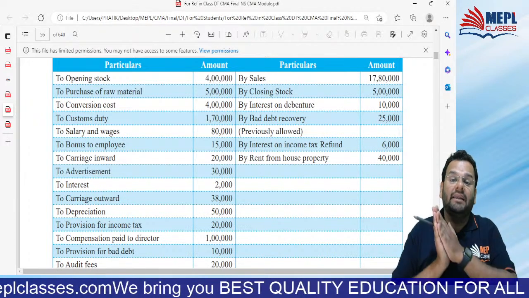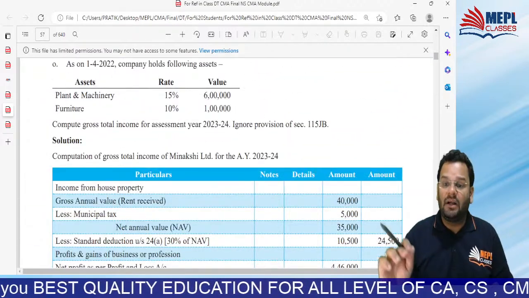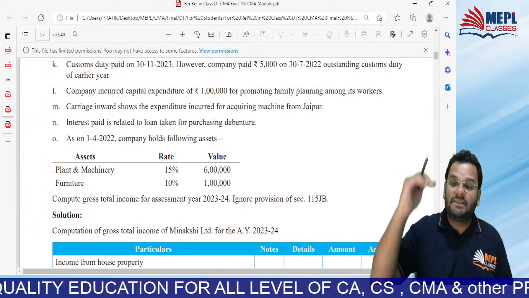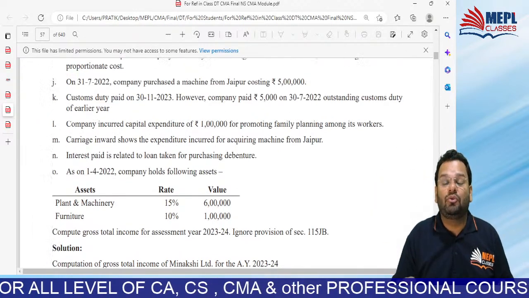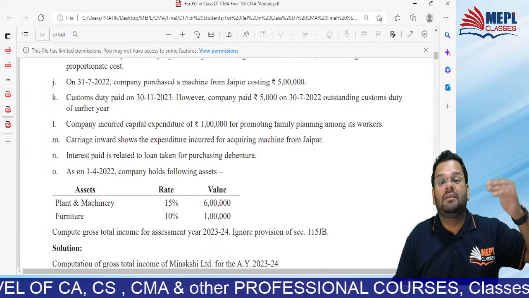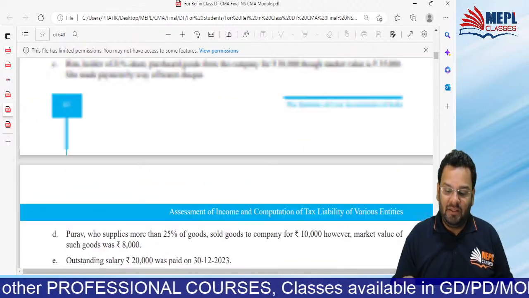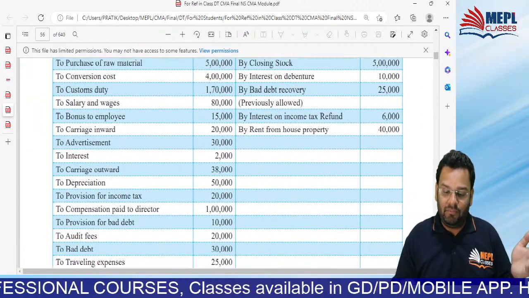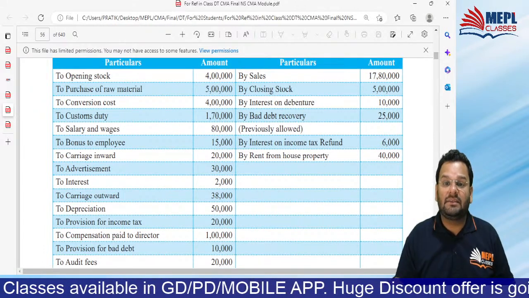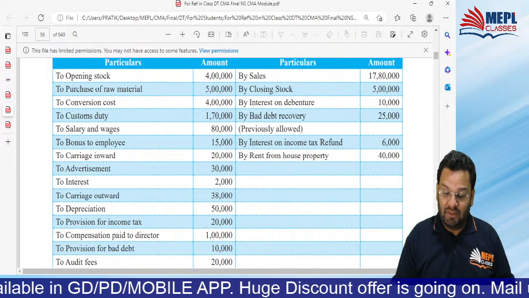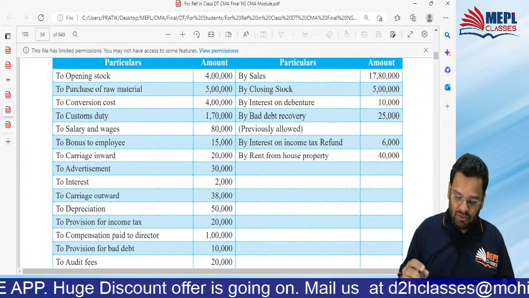When calculating total income, we have to start from salary, but obviously this company can never have salary. So we will have to calculate HP, then PGBP, capital gain, and then other sources. In this case, there is no capital gain. So you'll have HP, PGBP, and other sources.